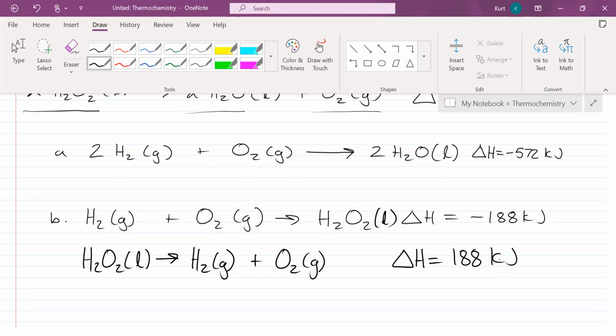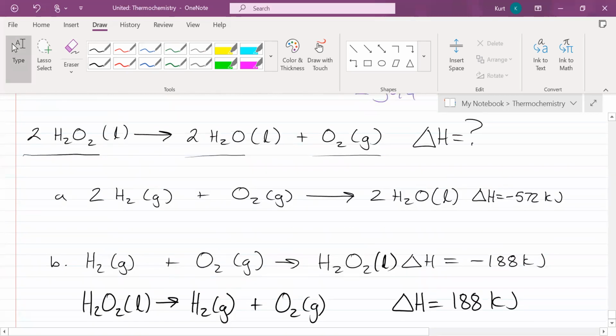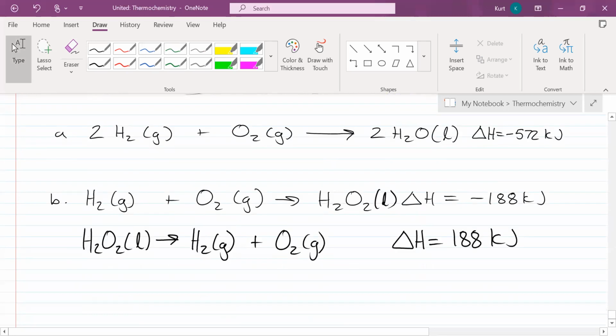Good. Now, Kayla, that's not all that we have to do to this equation. I want you to look at the main equation. How many moles of H2O2 are there? How many moles are there in equation B? So what do we need to do with the entire equation? It is already balanced, but if it's a 1-to-1-to-1 ratio, what would be no different?